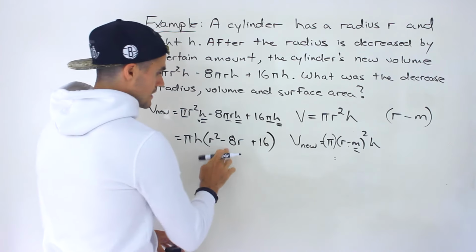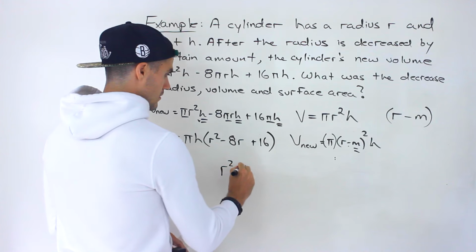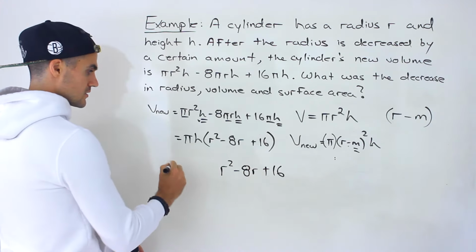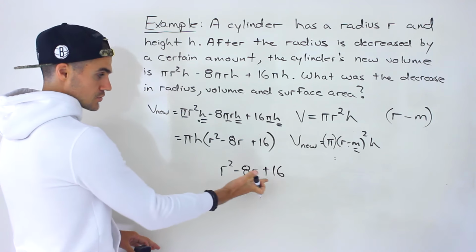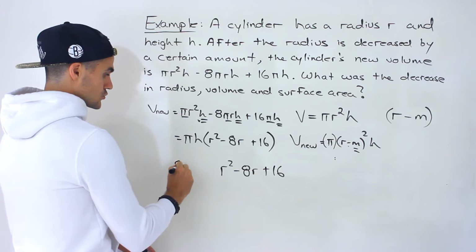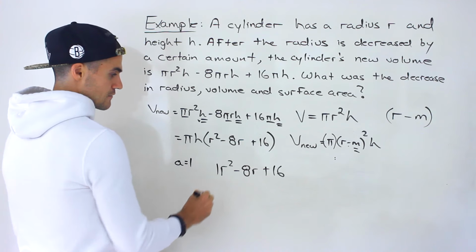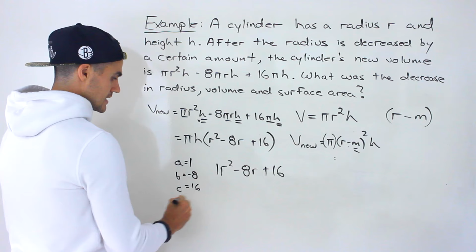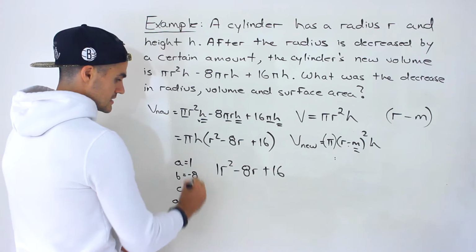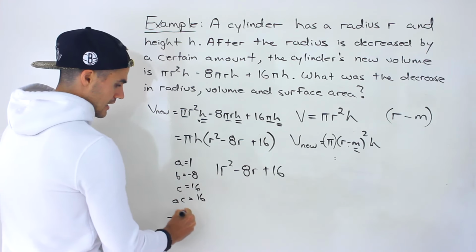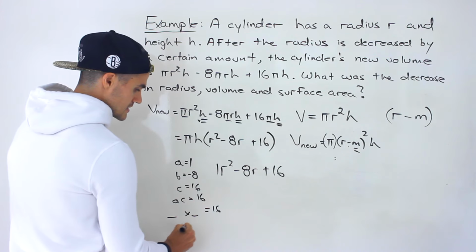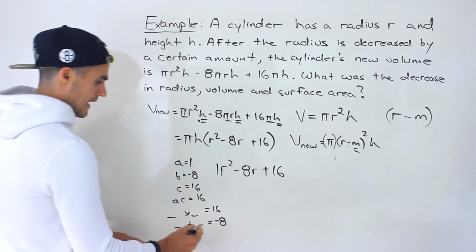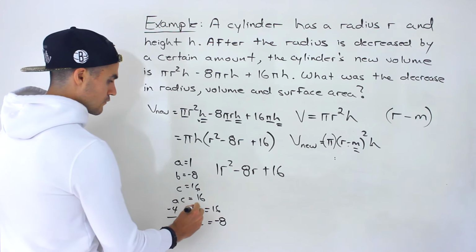Okay, and then let's see if this bracket will factor further. So let's see if it'll factor by decomposition. Notice we can't take anything out, so if we go straight into decomposition, that a value is 1, the b value is -8, the c value is 16, the ac value would be 16 times 1, which is 16, and then we've got to find two numbers that multiply to 16 and add up to that b value of -8, and those two numbers would be -4, -4.